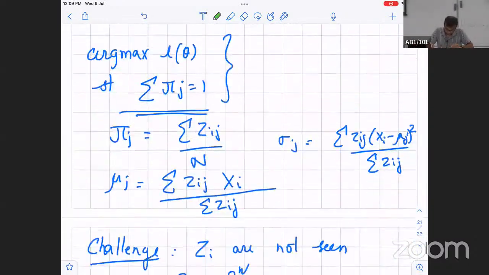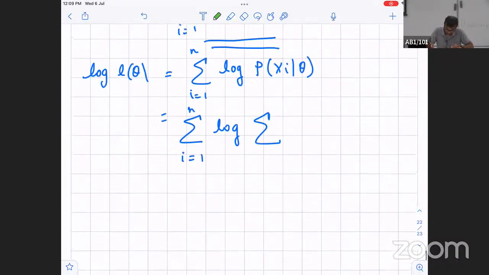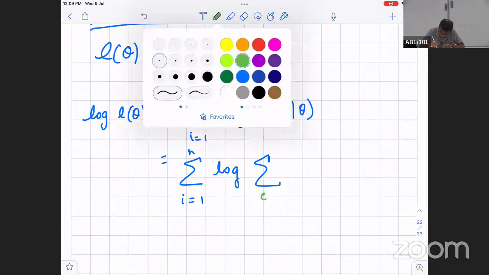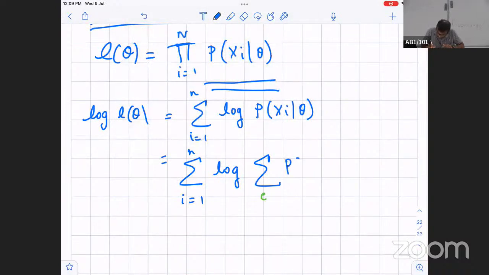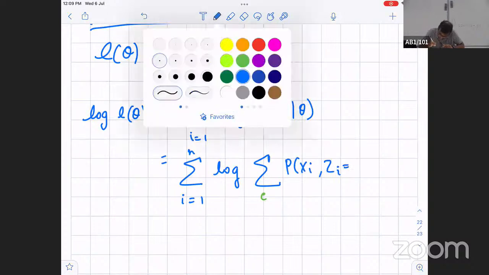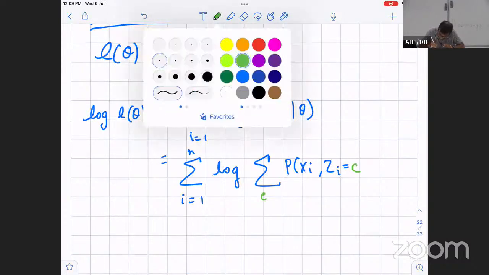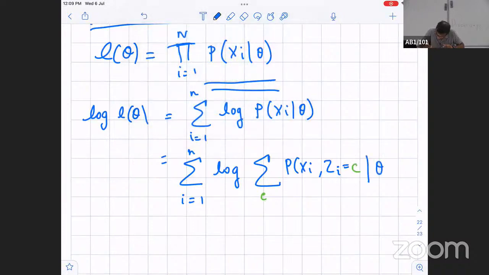So we have to look at all possible ways in which the point could have come from some underlying cluster, right? So this is P of xi and zi equal to c given theta.